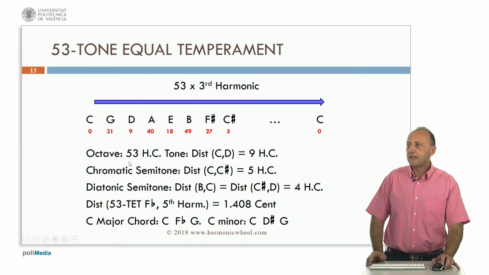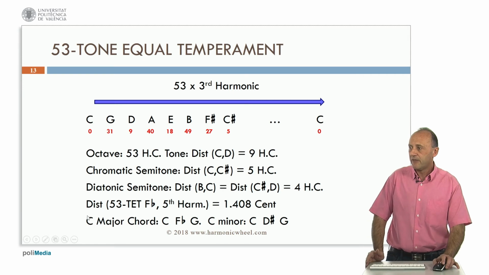The octave has 53 Holdrian commas, the tone being the distance, for example, between C and D, 9 commas. The chromatic semitone from C to C sharp, 5 commas, and the diatonic semitone from C sharp to D, 4 commas. Also from B to C. B has 49 commas, plus 4 is 53, which is again C.